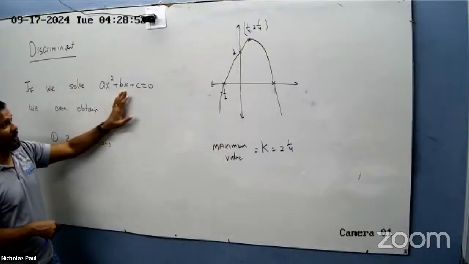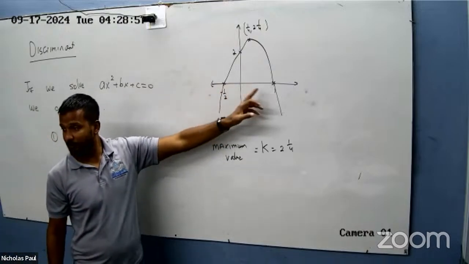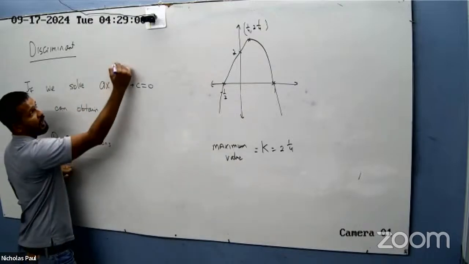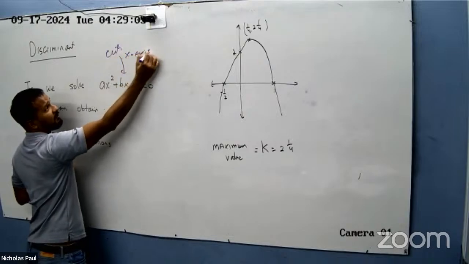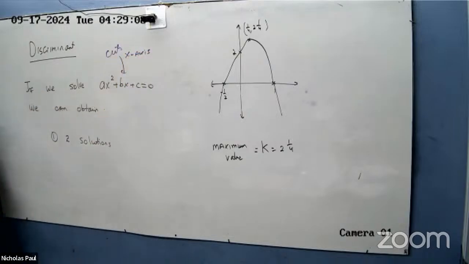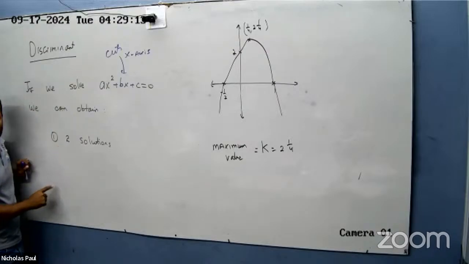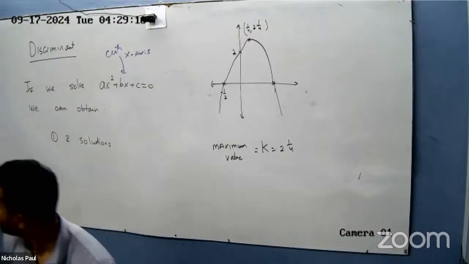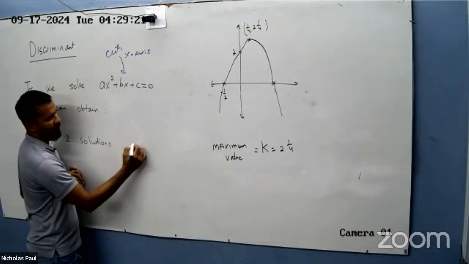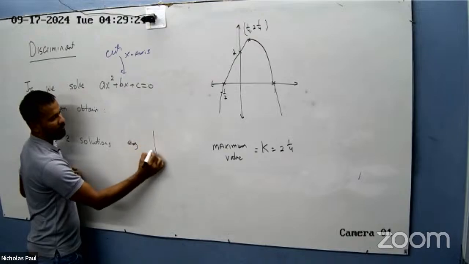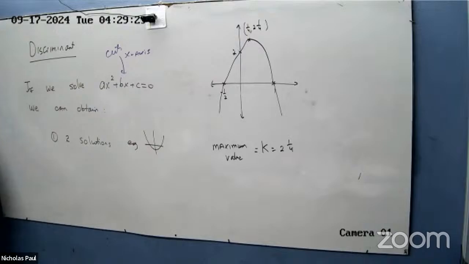So whenever we solve this, we are really finding where it cuts the x-axis. That's okay? So whenever you solve it, you could get two solutions, you could get one solution, or you could get no solution. If you get two solutions, most times it might look like this. Cuts the x-axis twice.